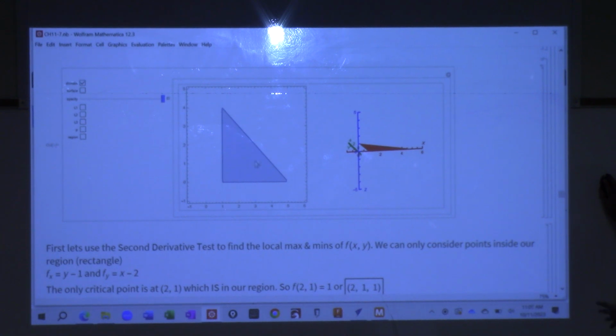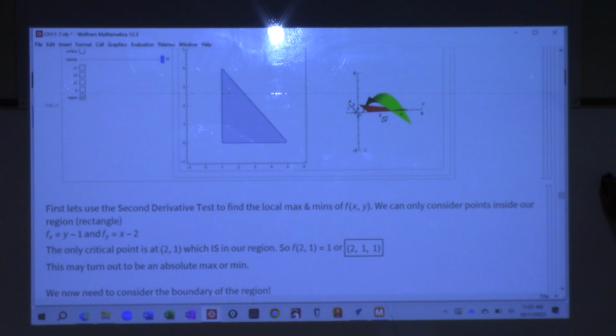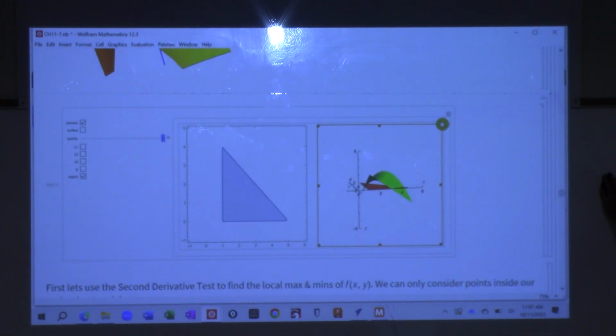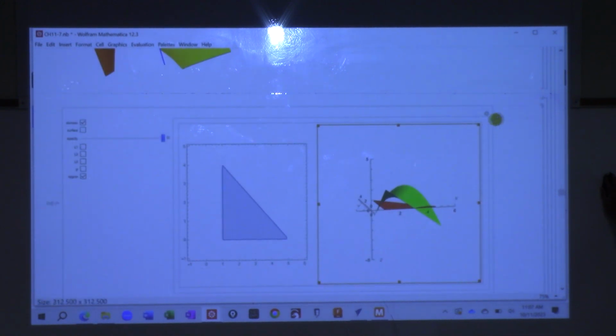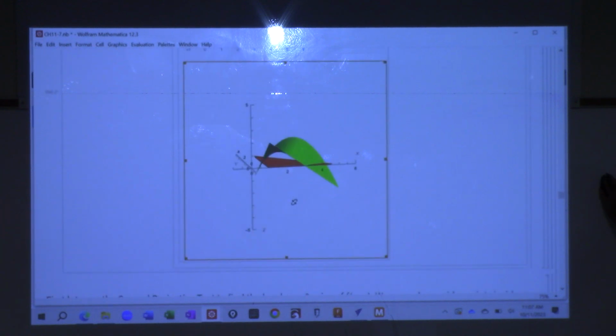In this case, it's a triangle. Remember, that's the domain on the ground. If you take just those points in the domain and plug them into the surface, you get just a portion of that surface. What we're trying to do is find the highest and lowest points on that green portion of the surface.